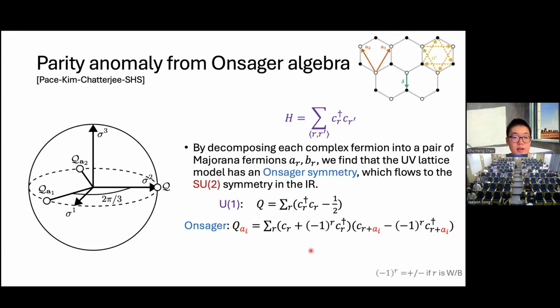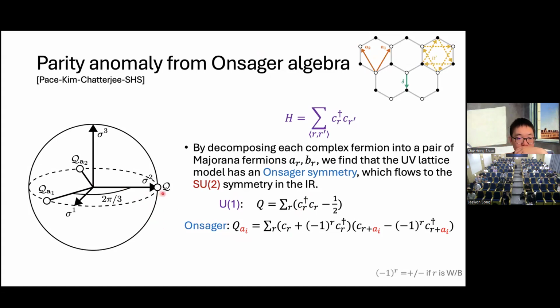All right. Now, how do you visualize these Onsager charges? Remember, in 1+1D, the QV and QA give you the U1V and U1A, and the continuum is U1V times U1A. Here, these Onsager charges in the low energy will give you three U1 rotations inside the SU2 group. So what are the three directions?